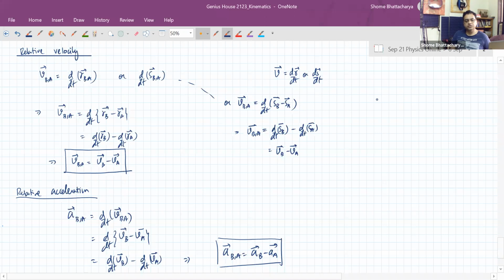So actually the definitions you will see just logically follow from this.